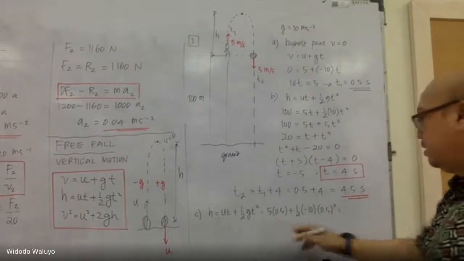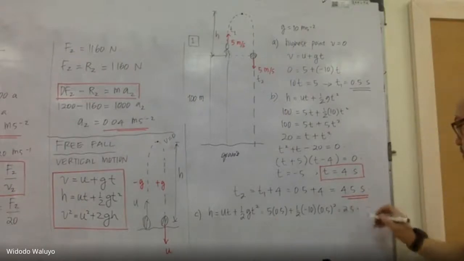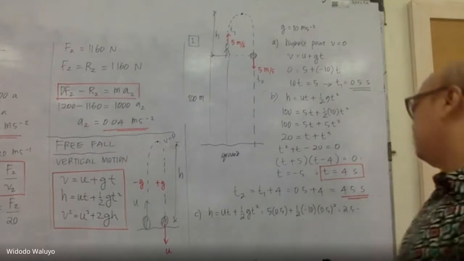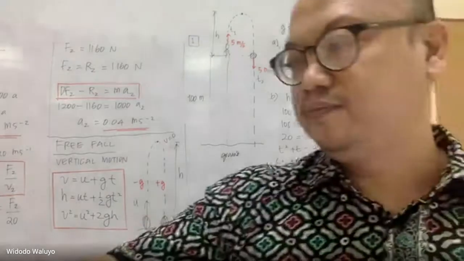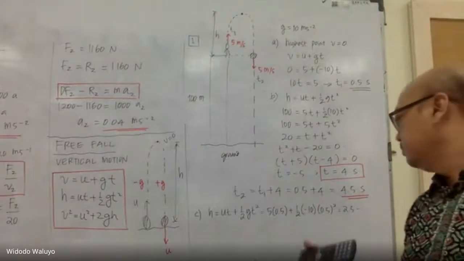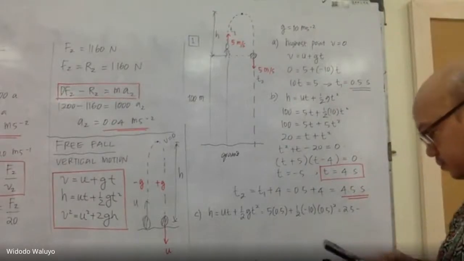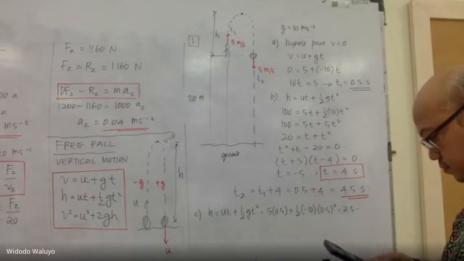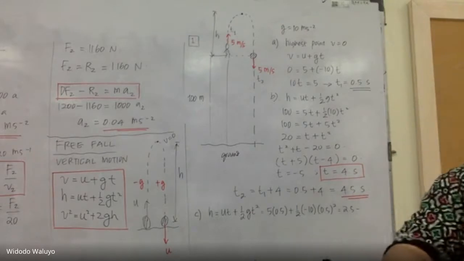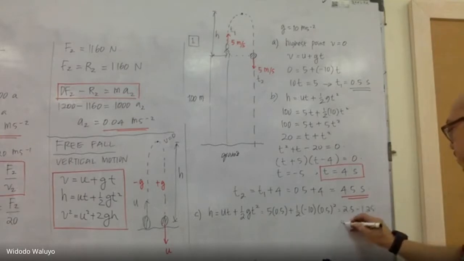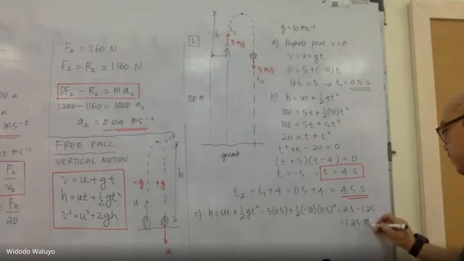So this is 2.5 minus 1.25. So we can say this is 1.25 meter.